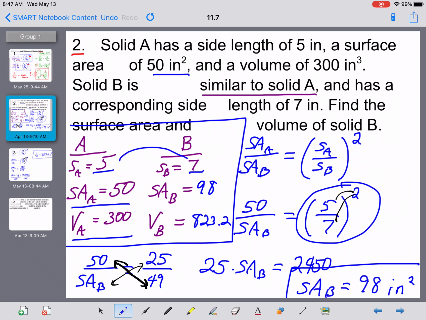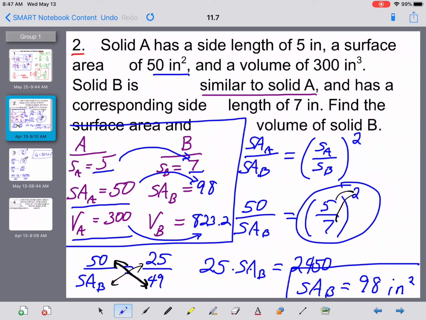If you look at the comparison of side lengths, 7 is obviously bigger than 5, but it's not bigger by a ton. It's not twice as big. In fact, 7 is just 40% bigger than 5. To get from 5 to 7, you'd really just multiply by 1.4. But if you look at surface area, from 50 to 98, the surface area almost doubles, and the volume almost triples.